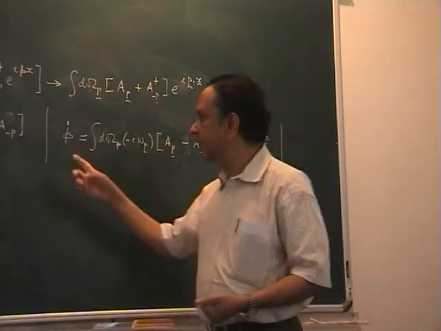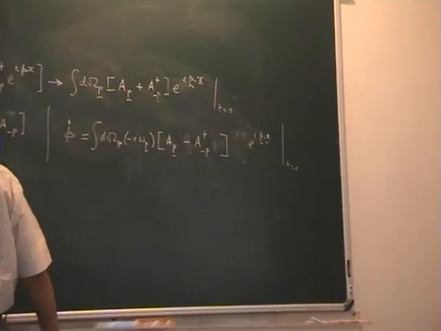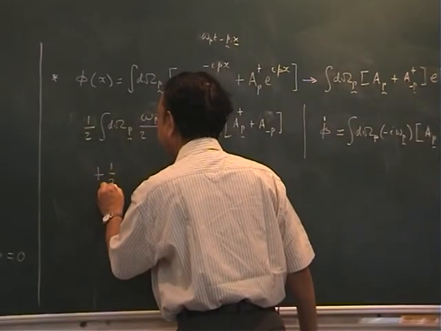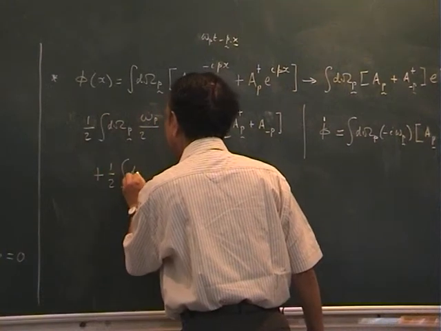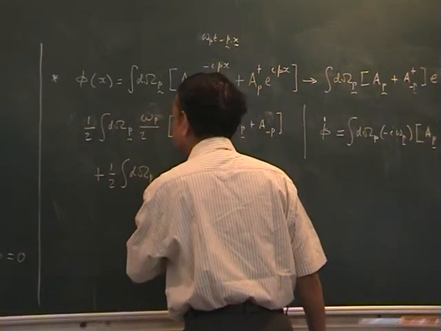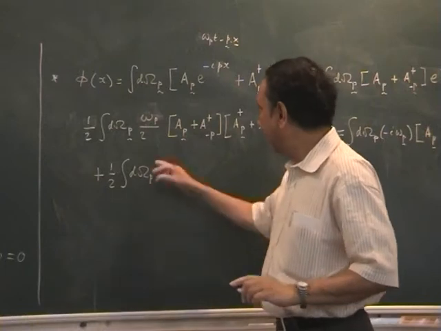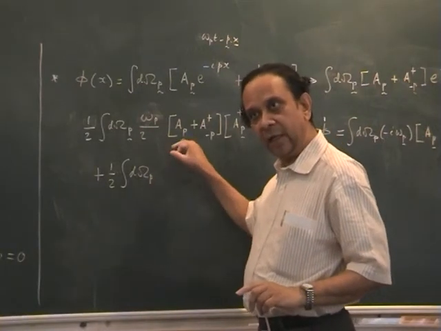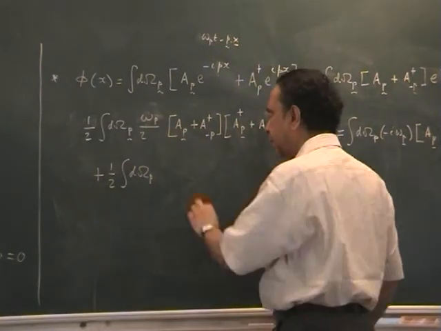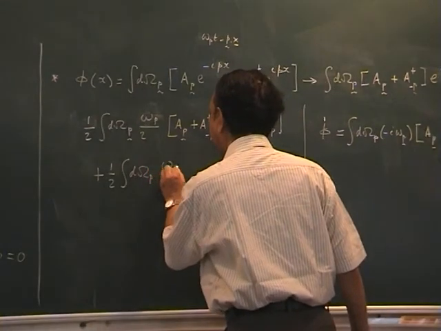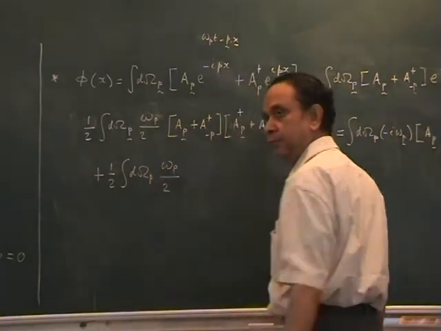Okay? So the next term which I will have will be half integral d omega p. I will have 1 over 2 omega p and an omega p square, which is fine because that is just omega p by 2.